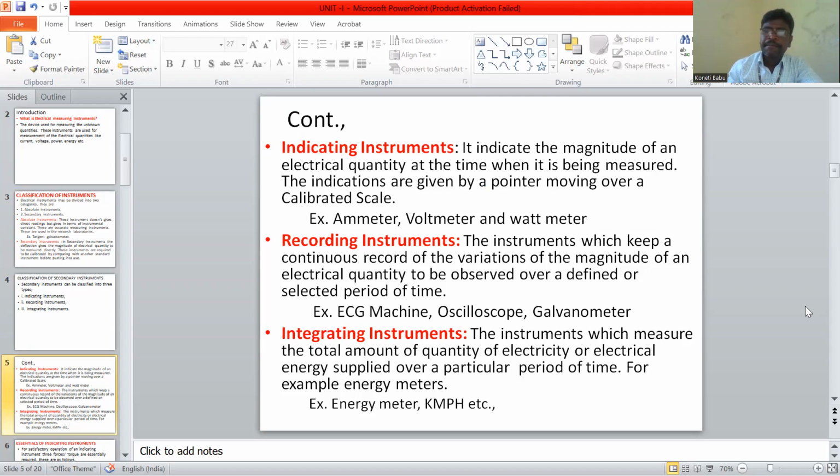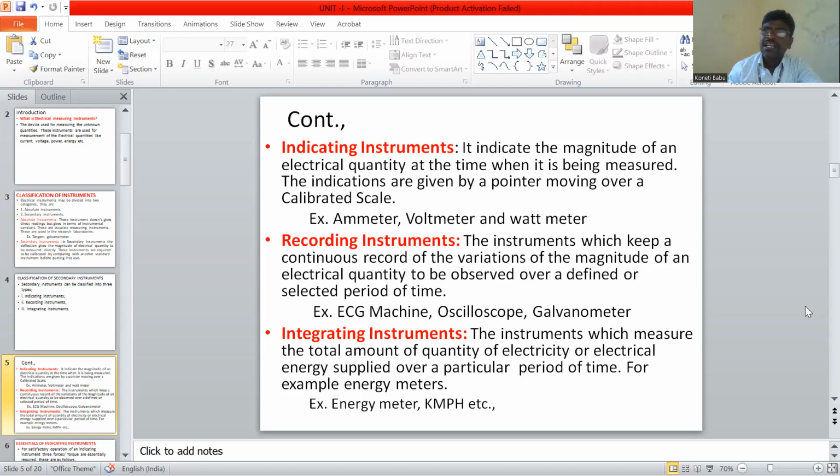That means the pointer continuously records the variation of the electrical quantity with respect to time, drawing a graph on the XY plane. Examples of this type are ECG machines, which continuously record values, oscilloscopes, galvanometers, and voltmeters.